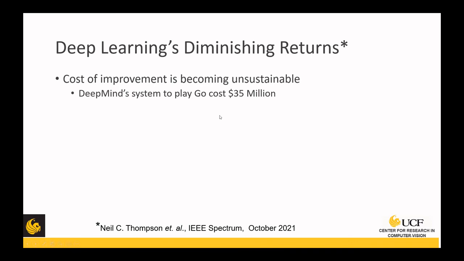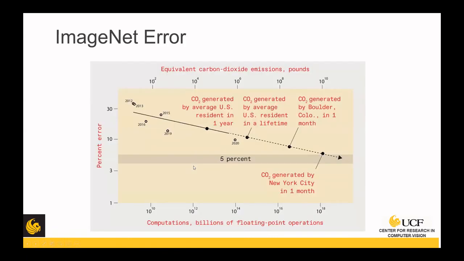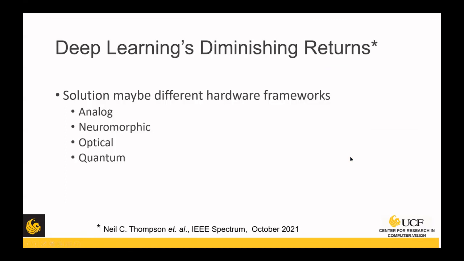It cost 35 million to do that. And you have heard about GPT-3 from OpenAI, which cost about 4 million to train. So now if you want to train ImageNet and improve the performance by just 5%, it will require a lot of resources and energy, equivalent to the carbon dioxide generated by New York City in 1 month, just to improve 5%. So that's one concern.